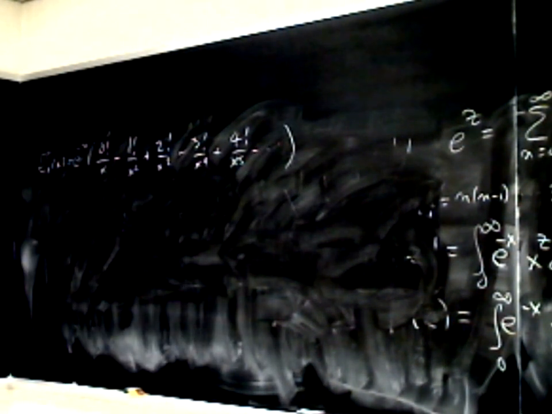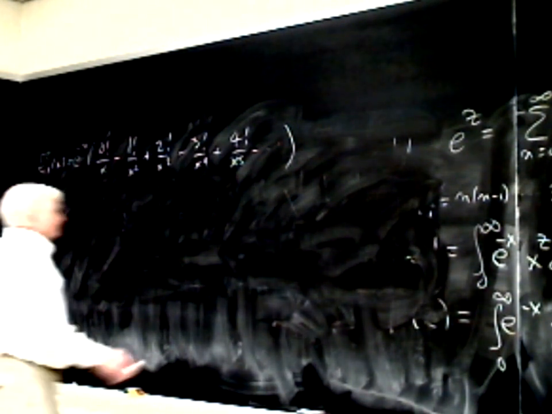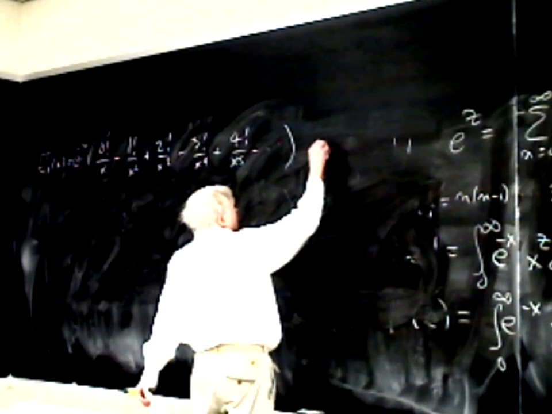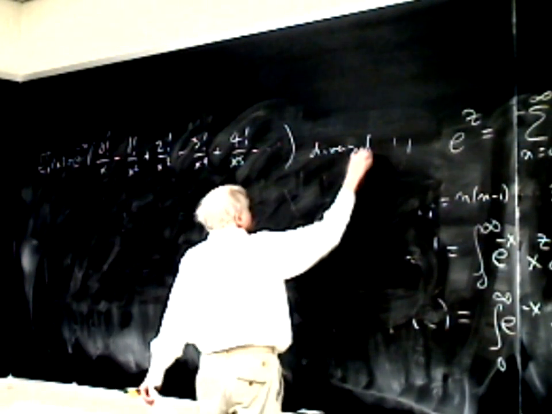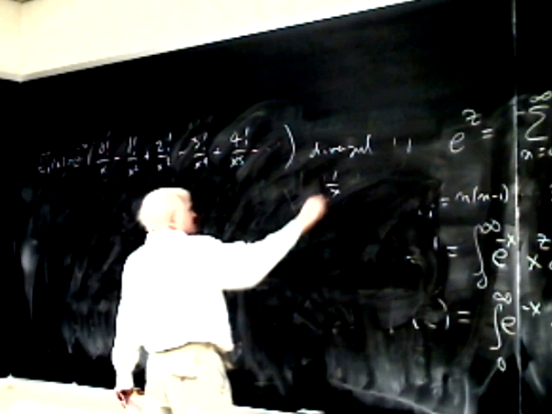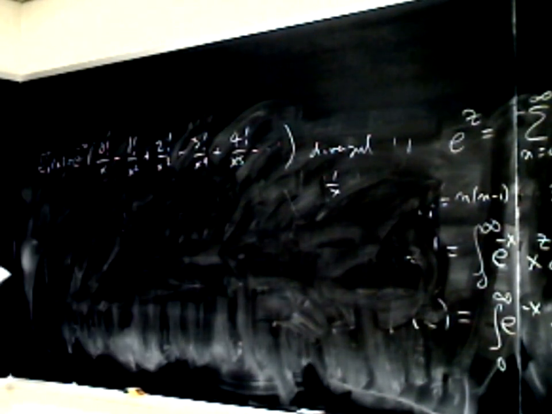Well, for any finite x, that's a divergent series because the n factorial in the numerator just blasts away the 1 over x to the n. So this is a divergent series. In other words, it's a power series in 1 over x, but it diverges.